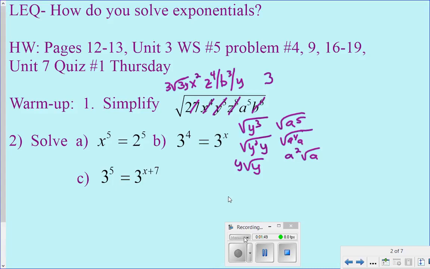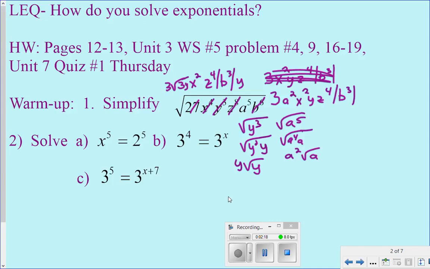I have an x squared y z to the 4th absolute value of b cubed. And looks like I forgot my a squared. So let me write that out again. So I have 3a squared x squared y z to the 4th absolute value of b cubed.